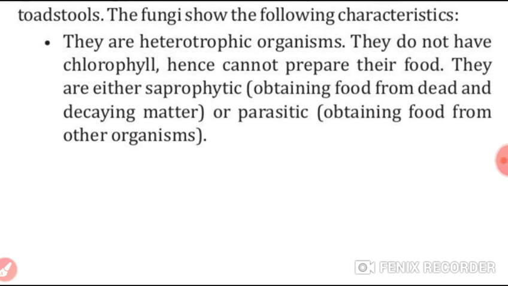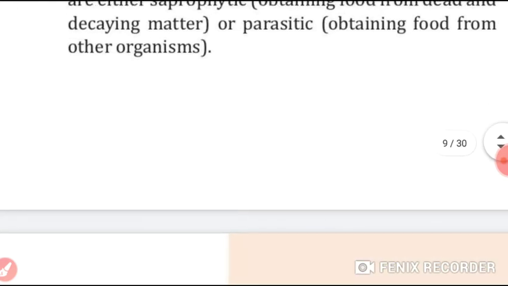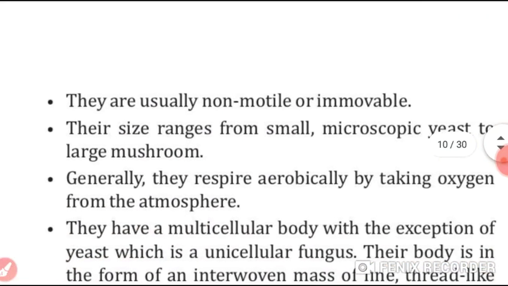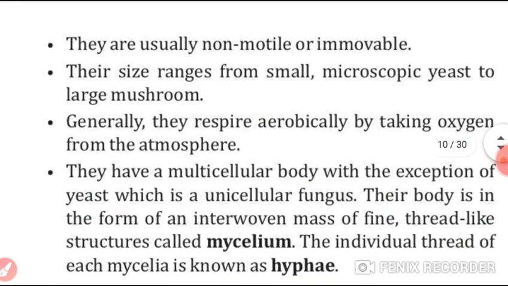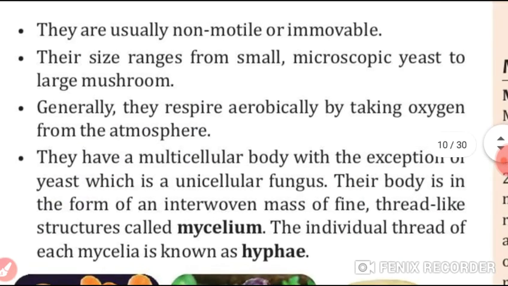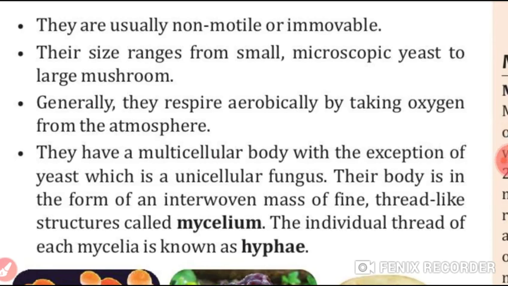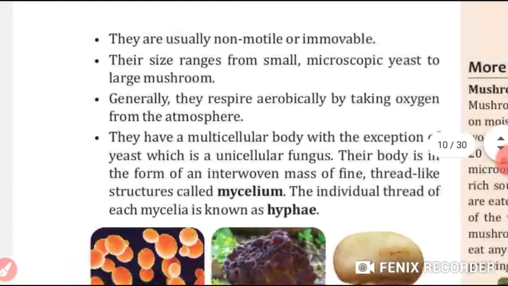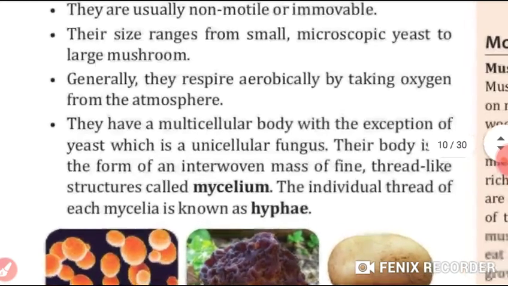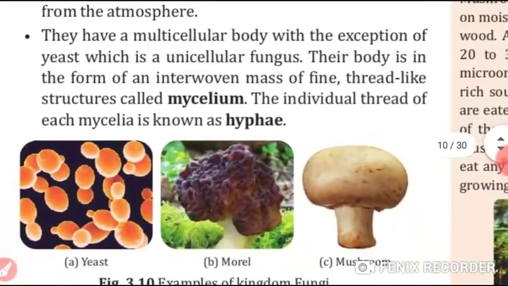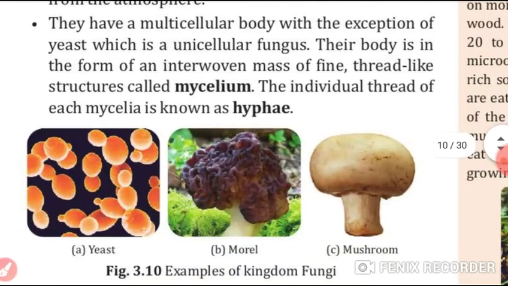Parasitic. Okay, students. They are usually non-motile, or we can say immovable. Their size ranges from small microscopic yeast to large mushrooms also. They respire aerobically, and they have a multicellular body with the exception of yeast, which is a unicellular fungus, students.